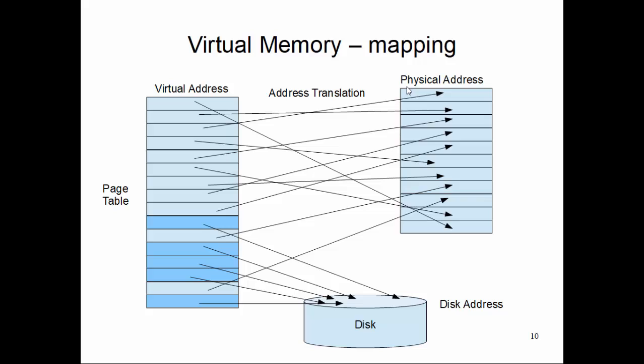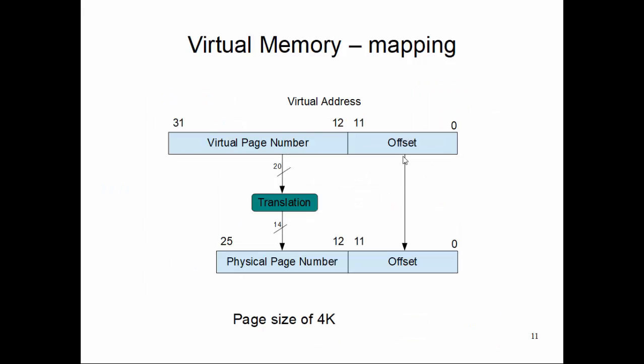They would reside on a disk. So your map can point either to the physical addresses of the main memory or to the page stored in the disk. That's the concept of the page table.